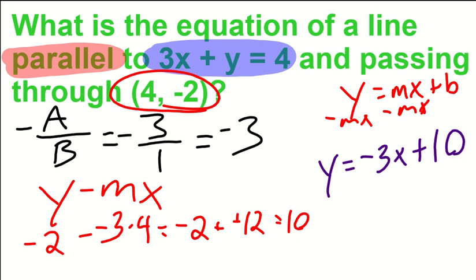Okay? Any questions on that? If it were multiple choice, parallel means our coefficients are going to look the same or something equivalent. So if it's not 3x plus y, it could be like 6x plus 2y.